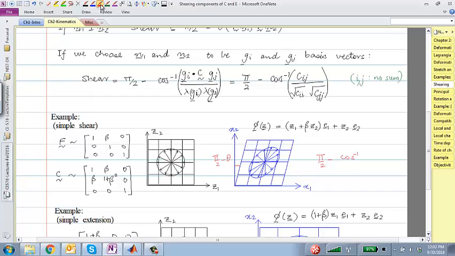So cosine inverse of C12. C12 is this one, sorry, not F, but this one. C12 is beta, divided by the square root of 1 plus beta square, which is the stretch in the two direction. The stretch in the one direction is just 1, so no need to write that. What we have is this.